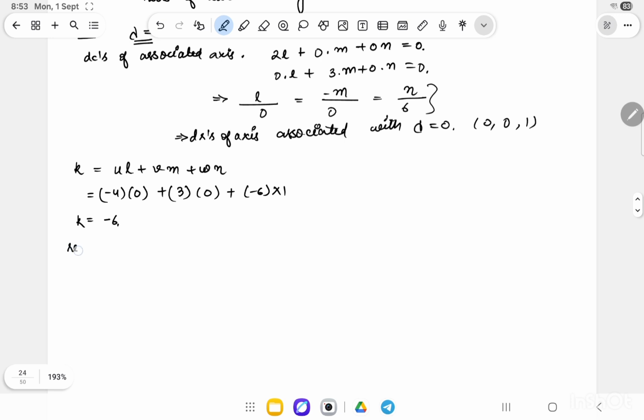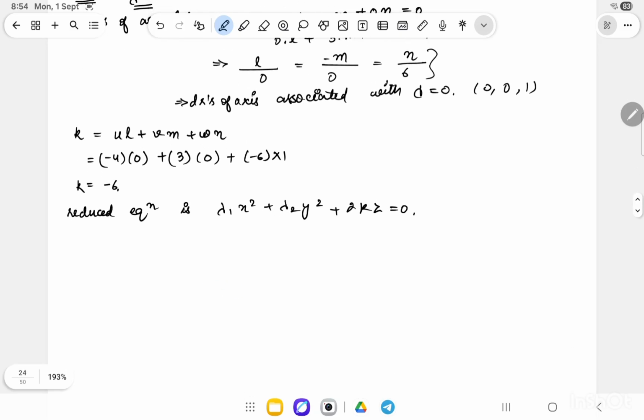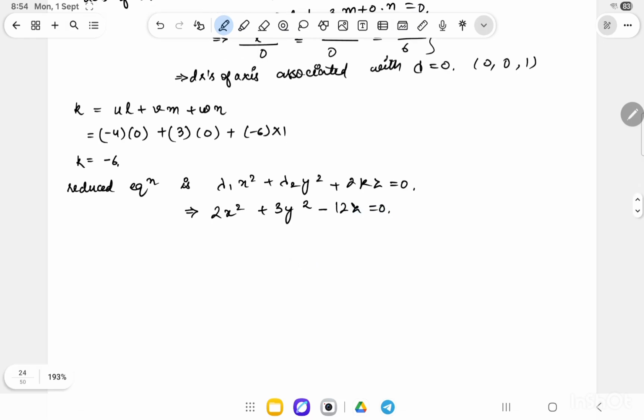My reduced equation is lambda 1 x square plus lambda 2 y square plus 2kz equals 0, where lambda 1 and lambda 2 are the non-zero roots of the discriminating cubic. So the reduced equation is 2x square plus 3y square minus 12z equals 0, and if you observe, it is the equation of an elliptic paraboloid.